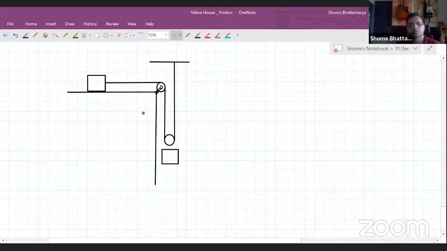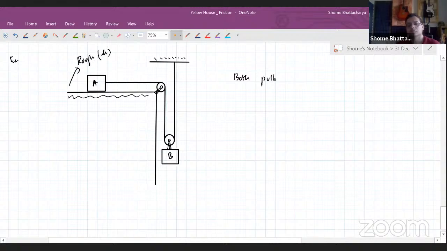This is a fixed pulley to this surface, whereas this pulley is fixed to this other block. Both the pulleys are smooth and massless.